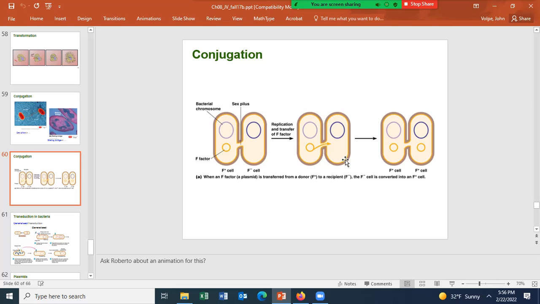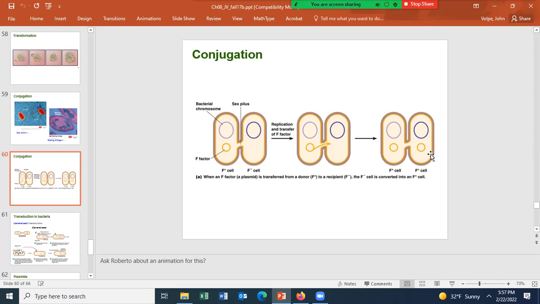The F minus cell now has the F plasmid. The F plasmid has the genes for making a sex pilus. And so this F minus cell becomes converted into an F plus cell. And both of these cells are now F plus cells.